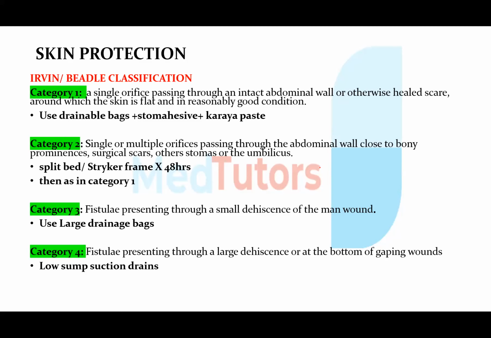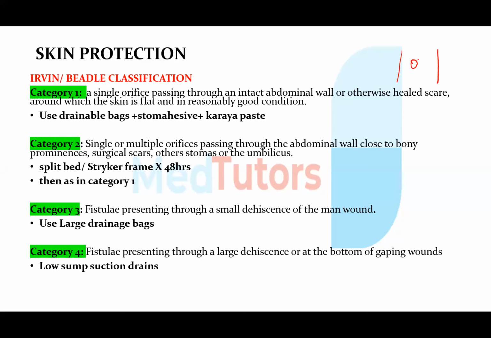Category 1: they have a single orifice passing through an intact abdominal wall, otherwise a healed scar, around which the skin is flat and in reasonably good condition. You have a healthy abdomen with just a stoma with surrounding healthy skin, and the fistula content is pouring through that stoma.